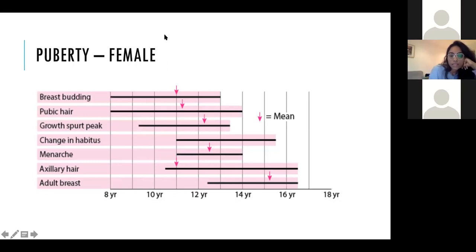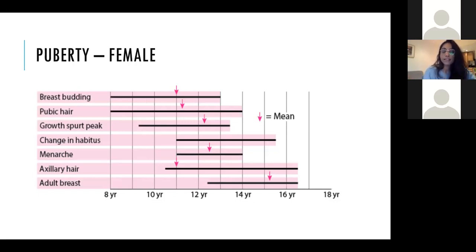So you can see what I like to divide into two. You can have adrenarche, which includes axillary hair and pubic hair, and then gonadarche, which includes breast development, because that comes from production of estradiol. So they usually overlap, but they're completely different processes.